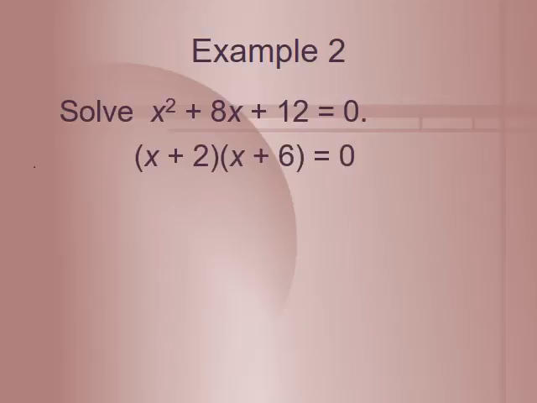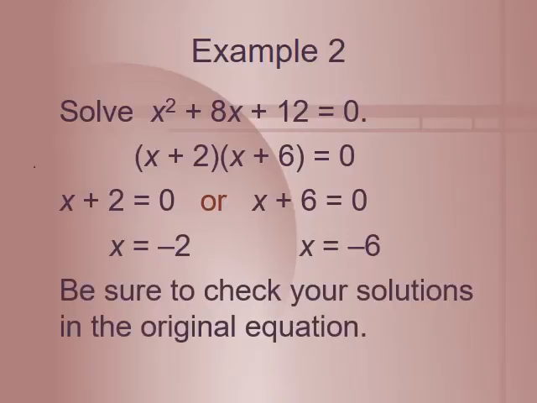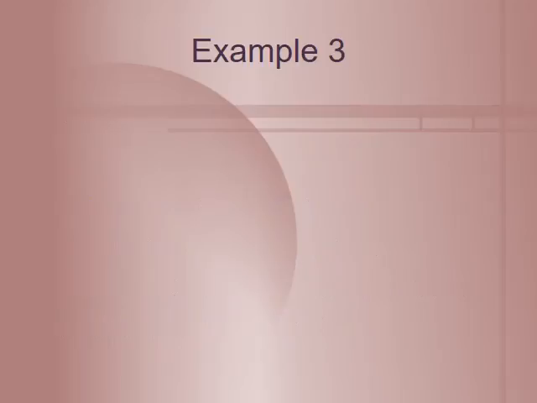We have x plus 2 and x plus 6. So we're going to say x plus 2 equals 0 or x plus 6 equals 0. When we solve that, we come up with negative 2 or negative 6. Either of those could be solutions, but we need to plug them in to see if they are solutions.